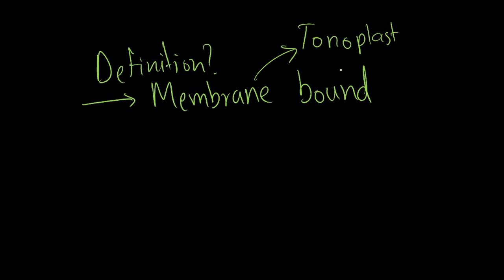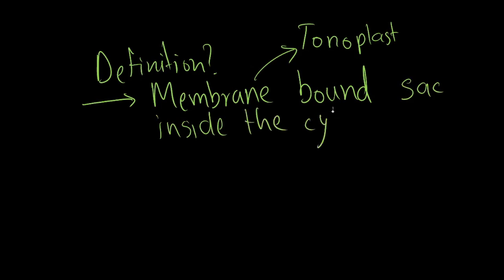So it is a membrane-bound sac inside the cytoplasm. Okay? So this is a clear and basic definition of the vacuole. And remember that the membrane has a name which is known as tonoplast.